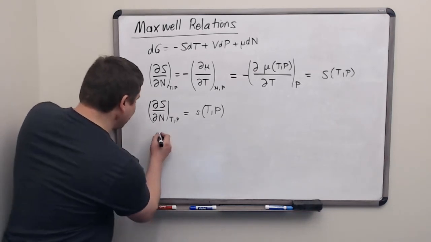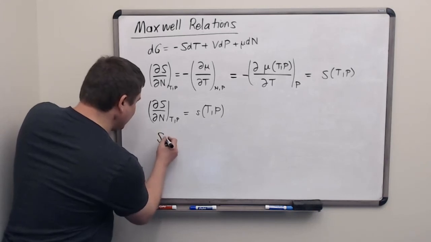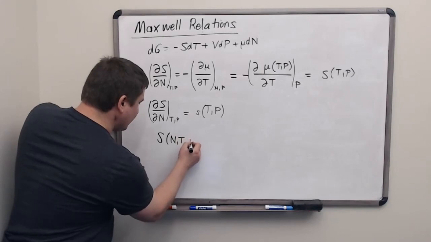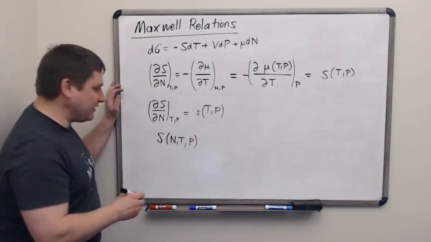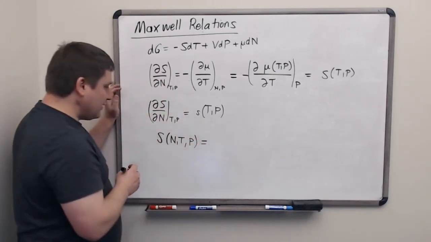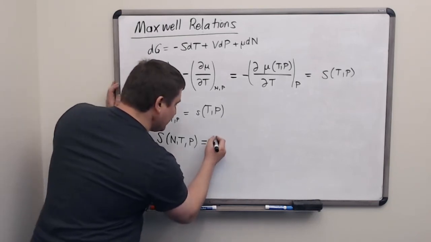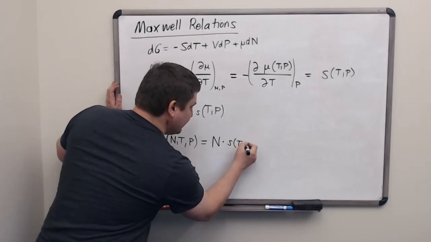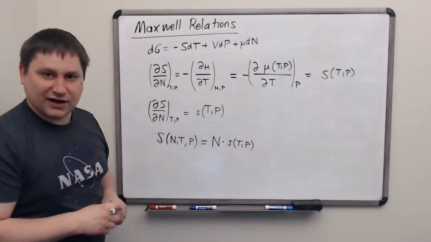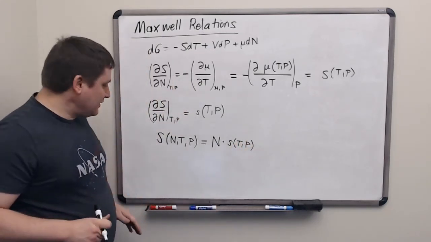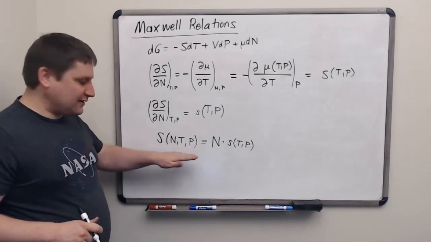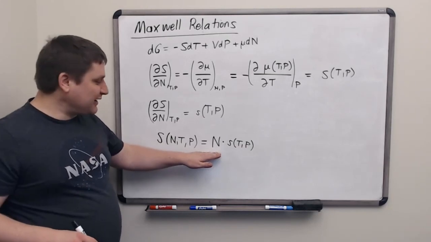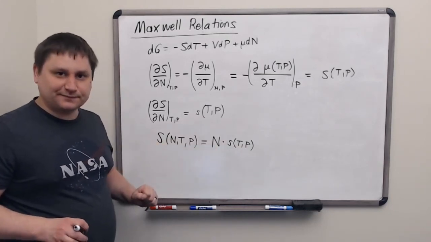So that means that we can conclude from this that the entropy, written as a function of particle number, temperature, and pressure, must be equal to the number of particles times an intensive function of only temperature and pressure. This means that the dependence of entropy on number of particles is trivial when it's expressed in terms of temperature and pressure.